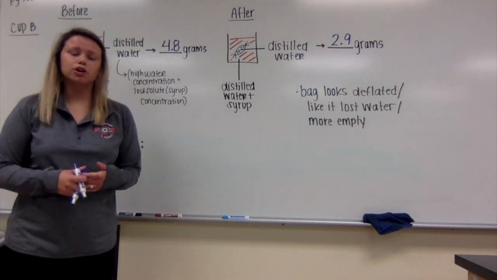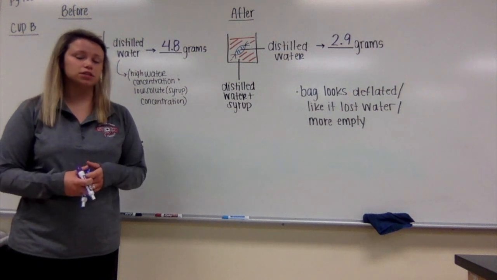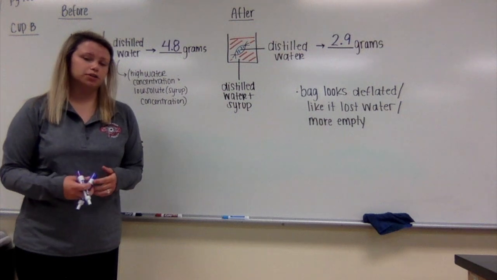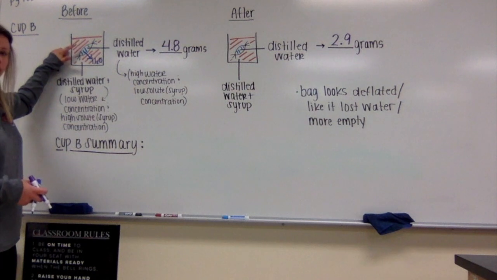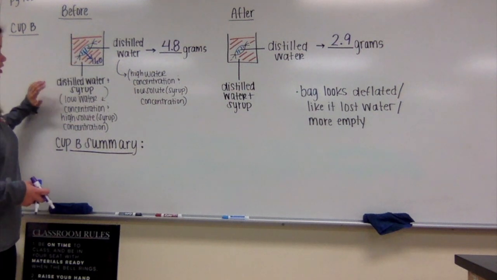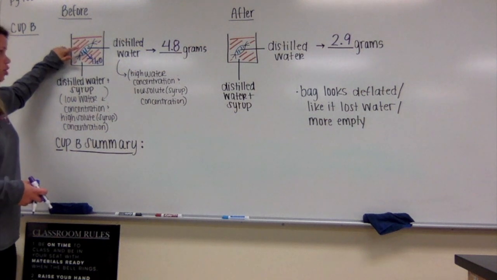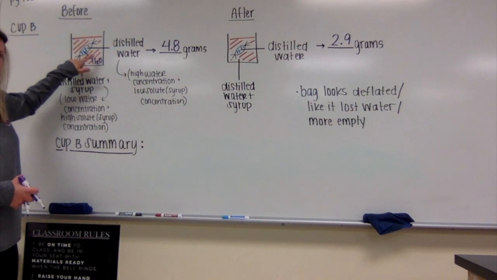Hopefully you had a good conversation at your table summarizing what happened in cup B. As a reminder, in cup B, water moved from an area of high water concentration inside the dialysis tubing bag to an area of low water concentration inside of the cup which had syrup water in it.